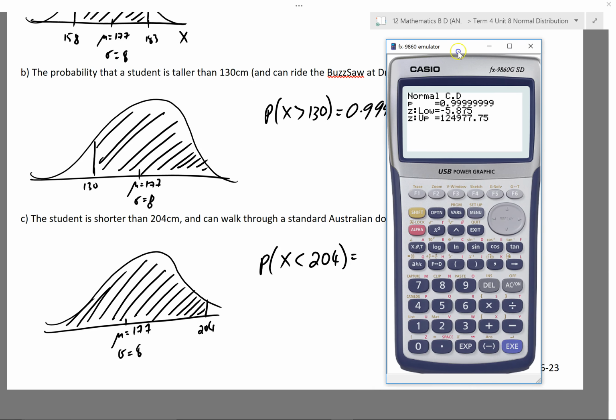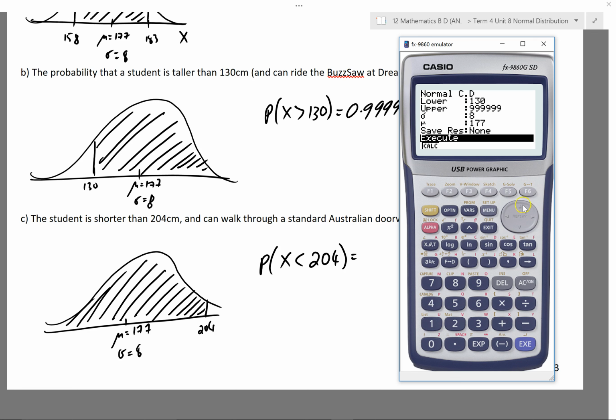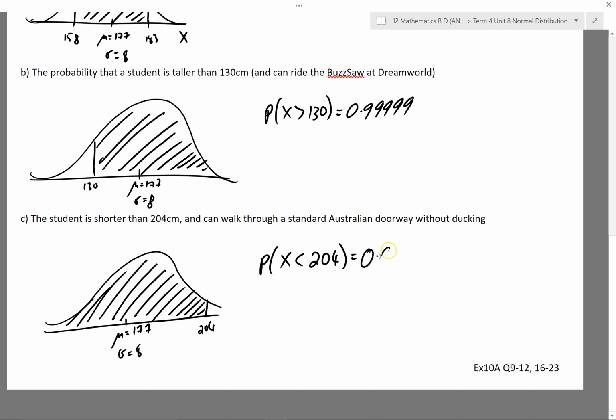Again, to my graphics calculator, I want from negative infinity, so just some big negative number up to 204. Same standard deviation, same mean, you get 0.9996. So it's pretty unlikely that given this mean and standard deviation that we have someone who actually has to duck to go into a standard walkway, which is good because we want people to walk through without too many dramas.